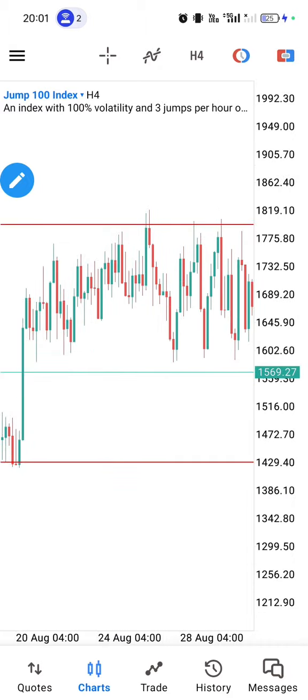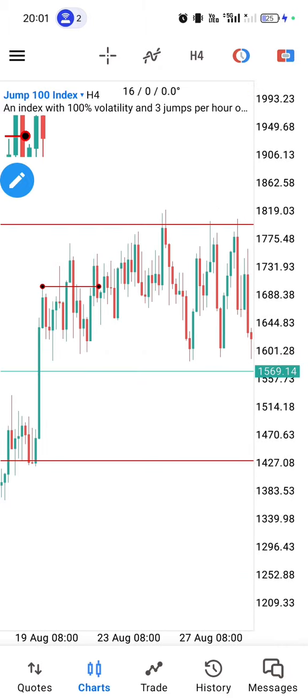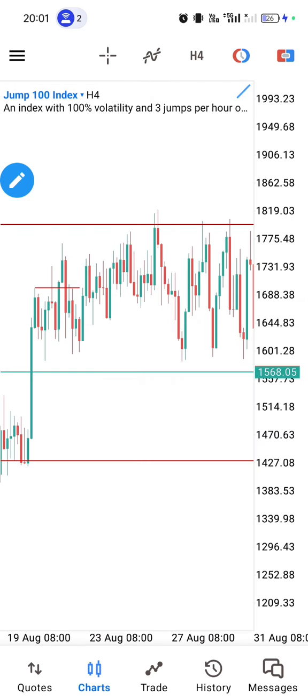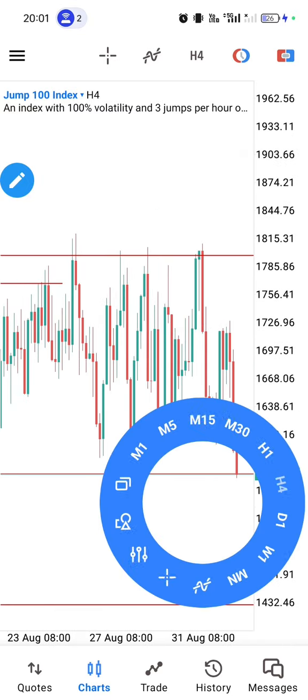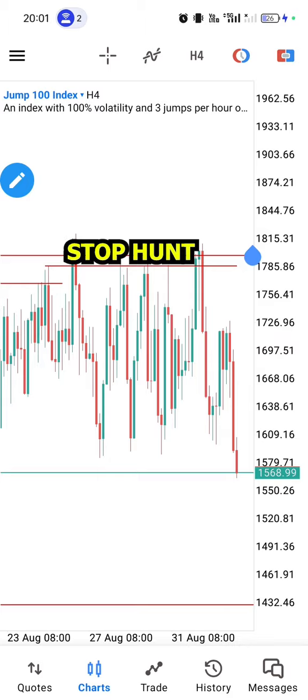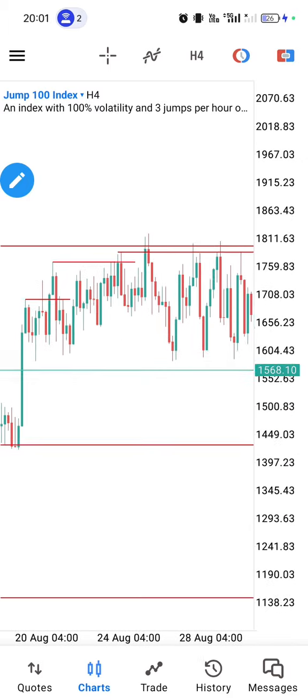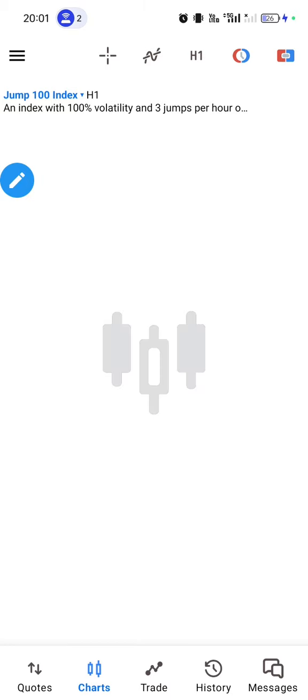Now we focus on the small consolidation on the 4-hour time frame, and we first see a break of structure right there. Then price goes on to give us a wipe, and the last price action we see is a stop hunt above there, and then it filled the fair value gap or imbalance above that high.